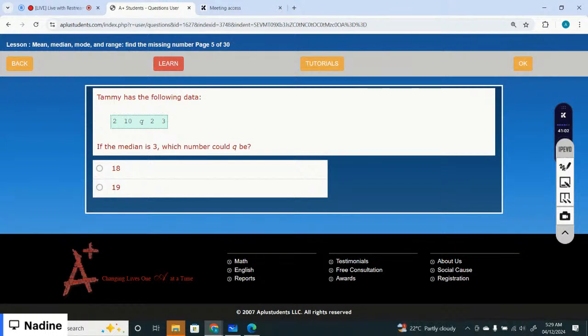Tammy has the following data. If the median is 3, what number could Q be?